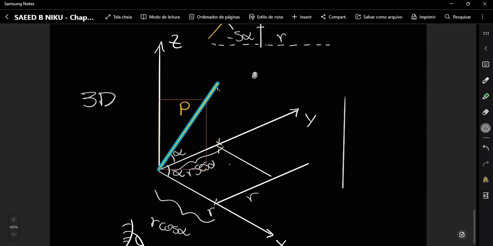We can put this vector right here, but it can never be a point that is outside of this region.